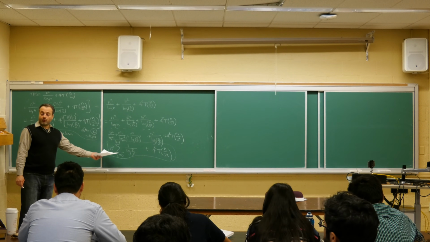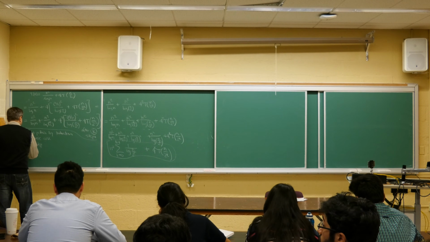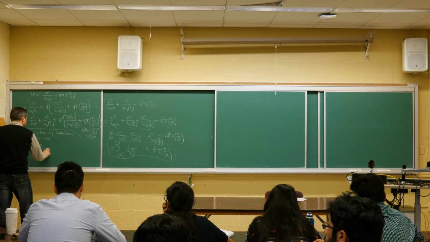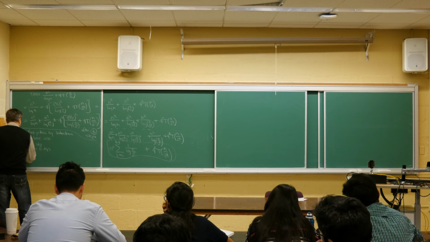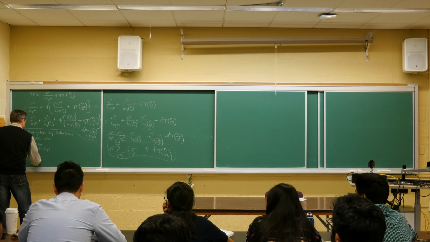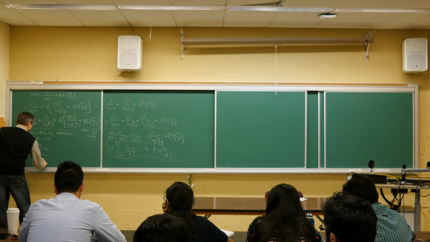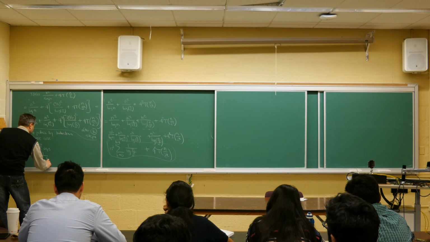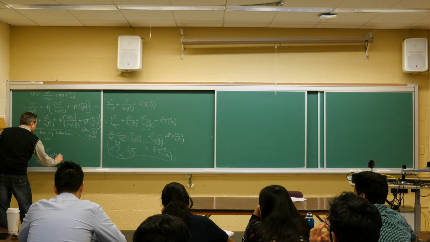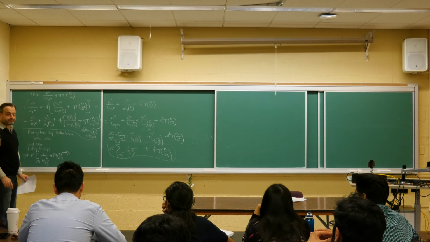If after k steps we have that T(n) equals n squared times the sum from i equals 0 to k minus 1 of 1 over log of n over 2 to the i, plus 4 to the k T(n over 2 to the k), then what?